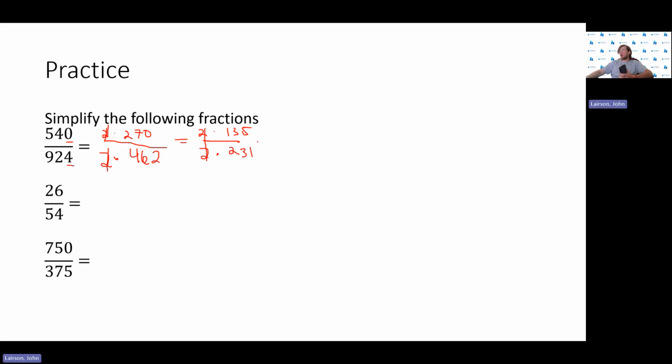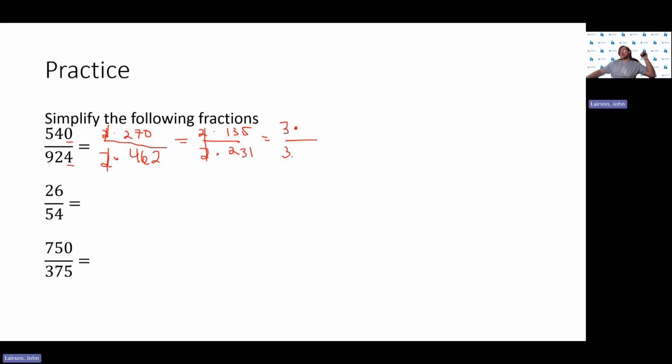Do they have any more common factors? That's the tricky part of doing it this way. The answer is yes, right? And I know because I can do the divisibility rule for 3, right? 1 plus 3 plus 5 is 9. So I know 3 is a factor, so I can pull out a 3. And 2 plus 3 plus 1, this is that same one again with the divisibility rule for 3, right? 2 plus 3 plus 1 is 6.